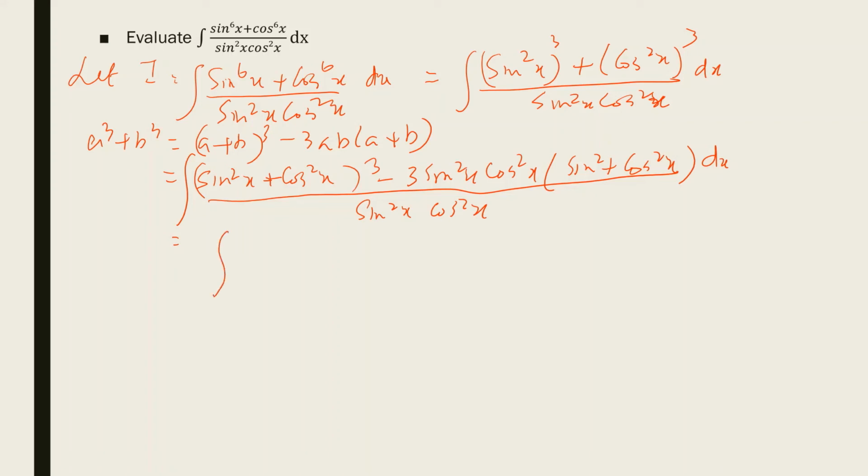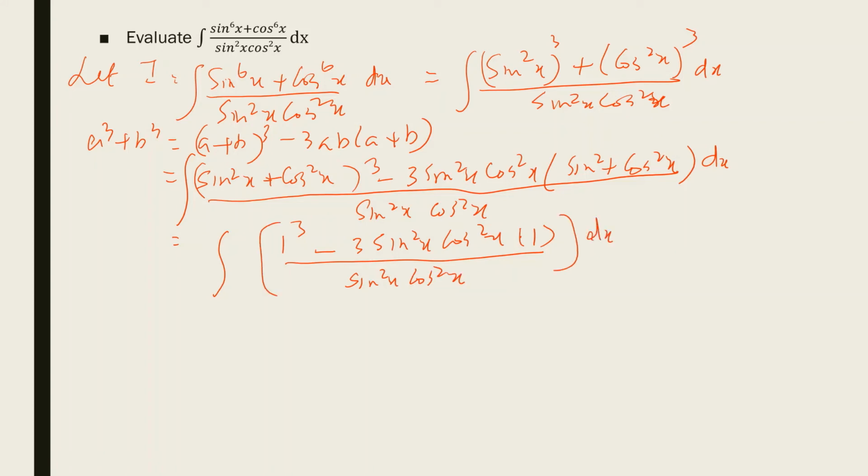So it will be 1 cube minus 3 sine square x cos square x, and again sine square x plus cos square x, that is 1 inside the bracket, divided by sine square x cos square x dx. Now 1 cube is 1 only.